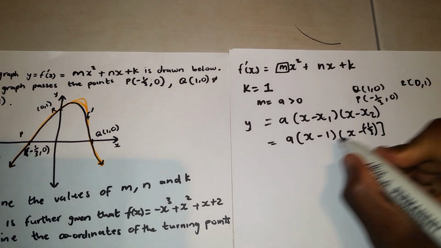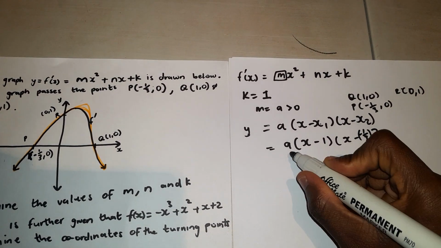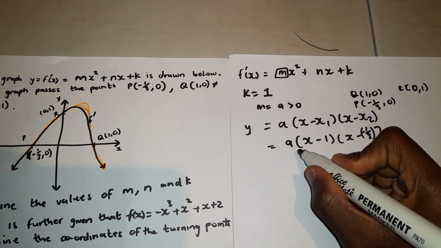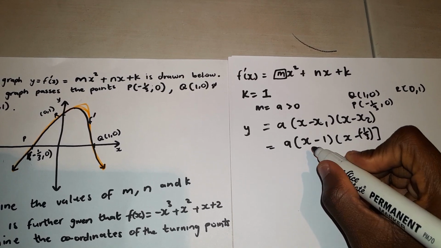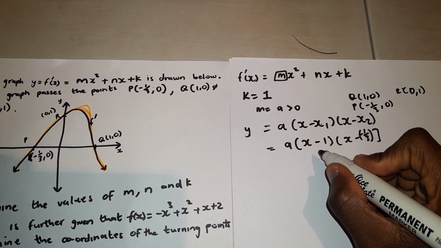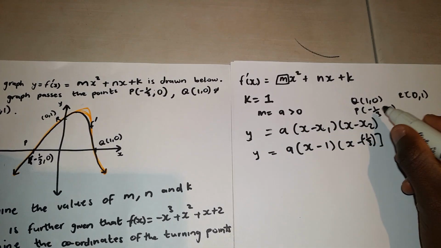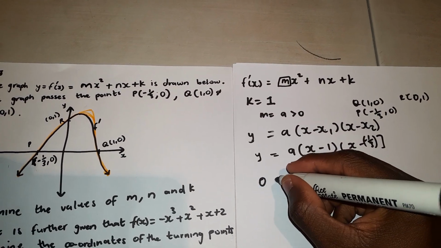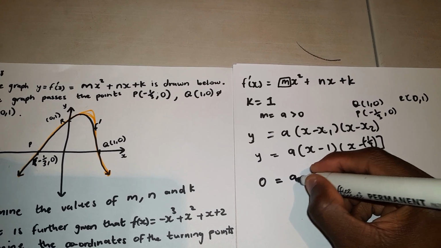So now, because we are looking for our a, we can just substitute everything we have. We have our y-intercept, so we know that our x will be 0.